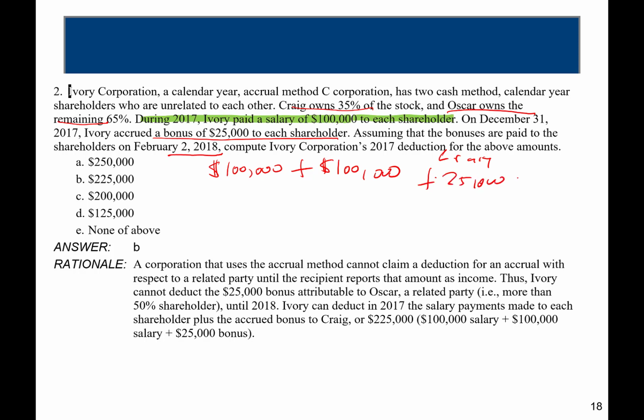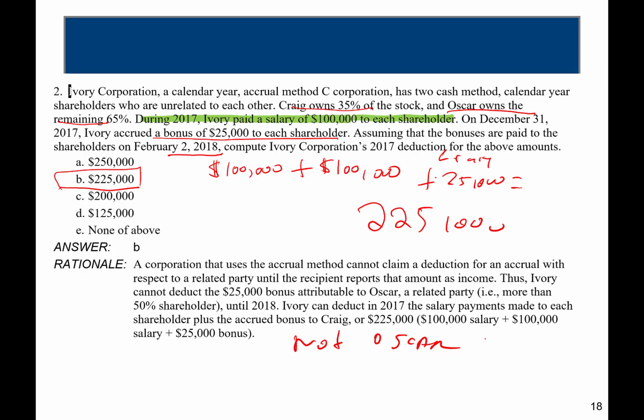How about Oscar's? Not Oscar's, because Oscar is related. So when you add that up, that comes to the $225,000 shown as choice B here. And you can't take Oscar's. Sorry, Oscar. Well, Oscar doesn't care, right? Because he got his money and he's going to declare it in 2018. Sorry, Ivory, because you can't take Oscar's, right? Okay, not too bad.